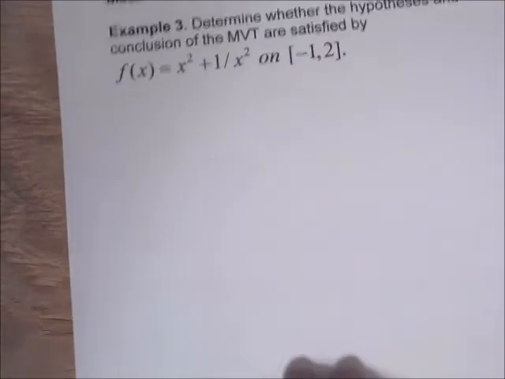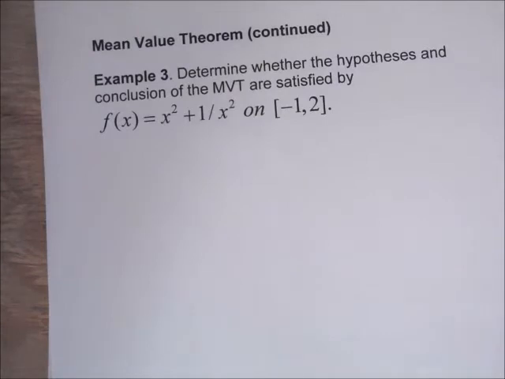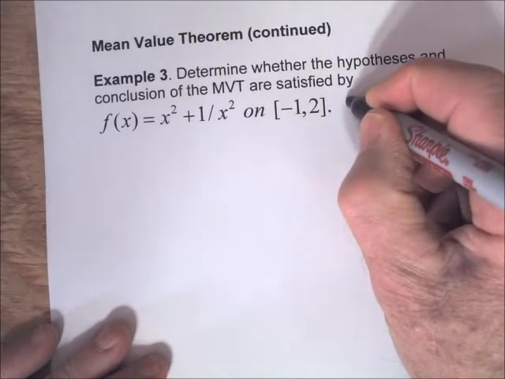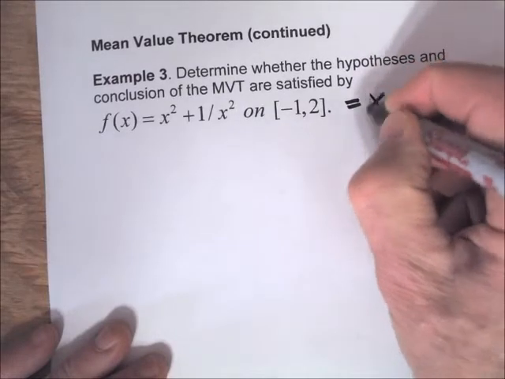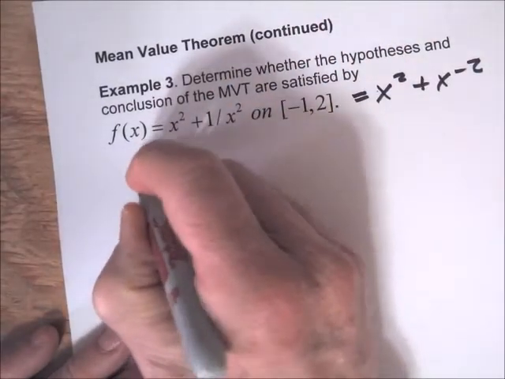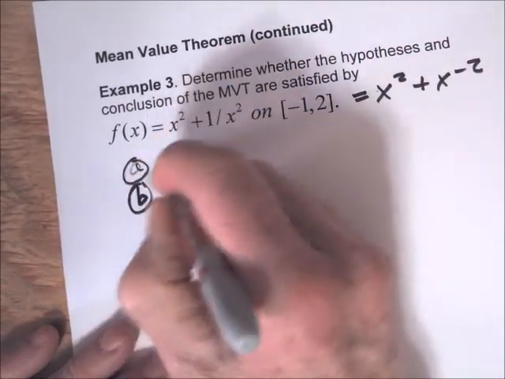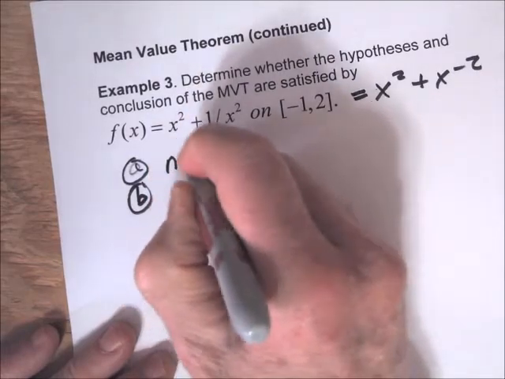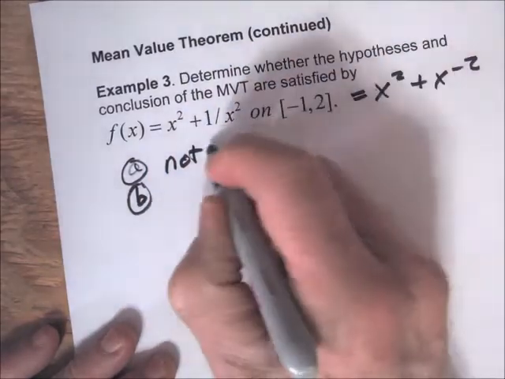Okay, another example. F of x equals x squared plus 1 over x squared. This is another even function. So this is x squared plus x to the minus 2. So this is not continuous at 0.